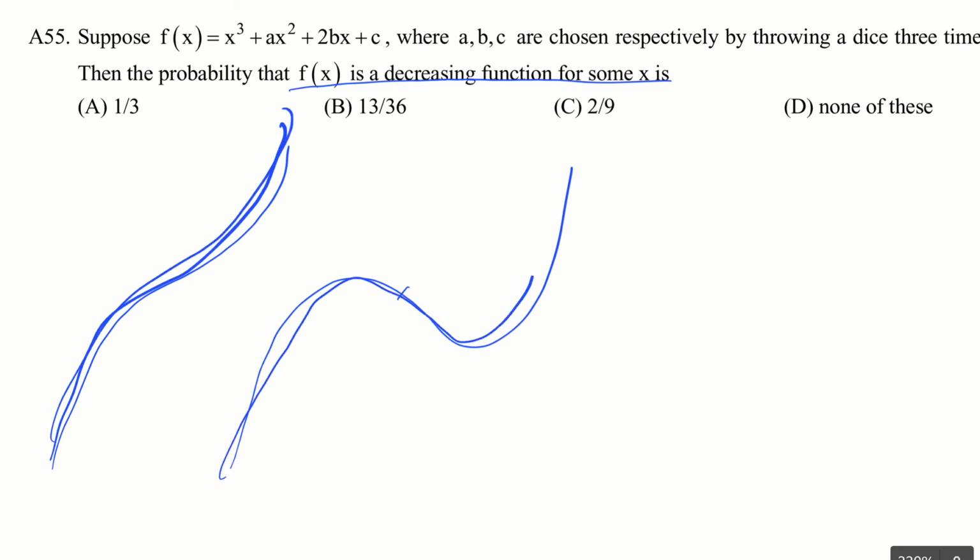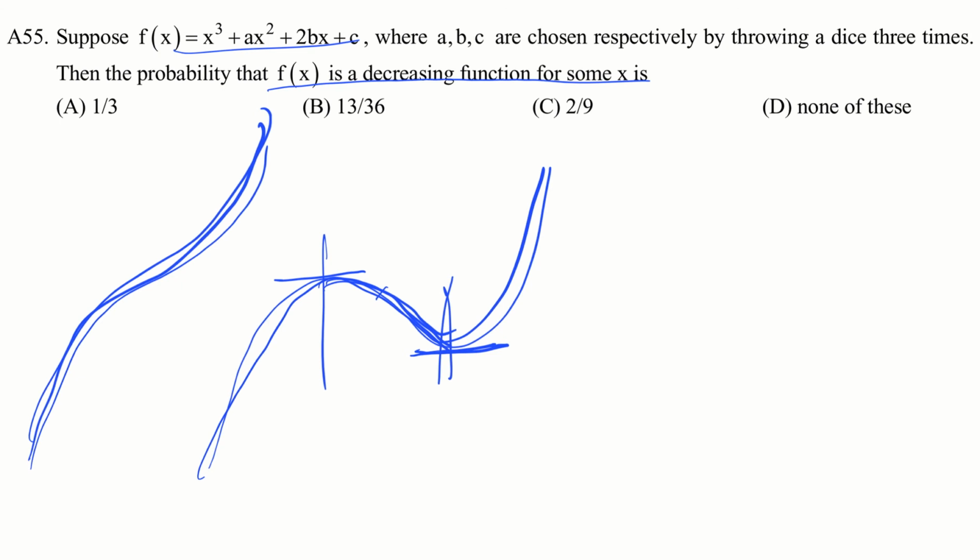We want the graph to be like this, so that in this range, if you take any x, the function is decreasing there. So we would like to have something like this. That means there should be a maximum and minimum for the function. That means the derivative of the function should have real roots. So let's first go for the derivative.